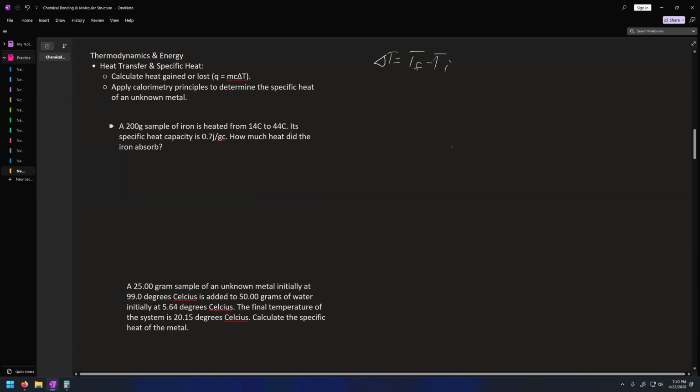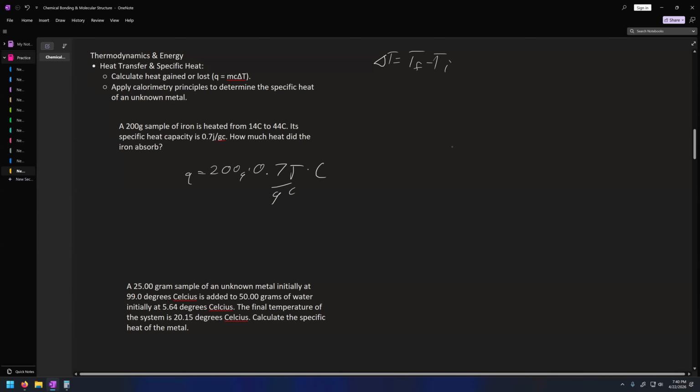So for this particular problem, I'm looking for Q, the heat that the iron absorbed. That's going to be equal to the mass of iron, which is 200 grams, times my specific heat capacity, 0.7 joules per gram Celsius, and then times the change in temperature.